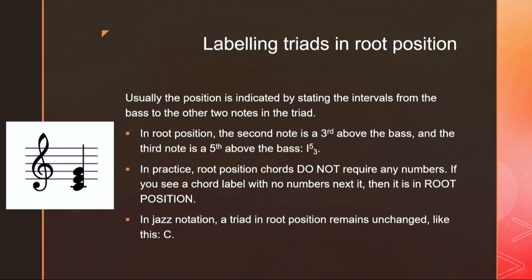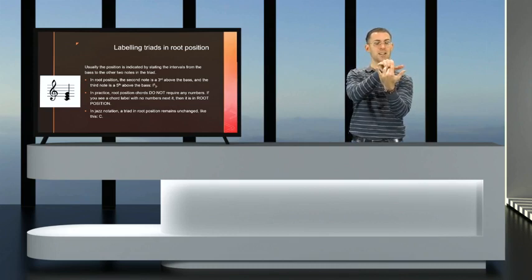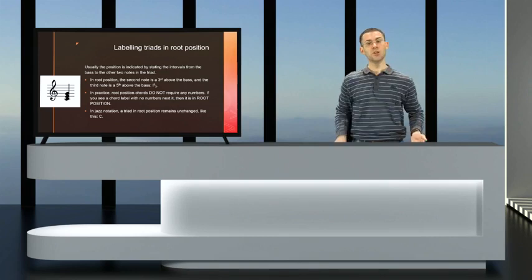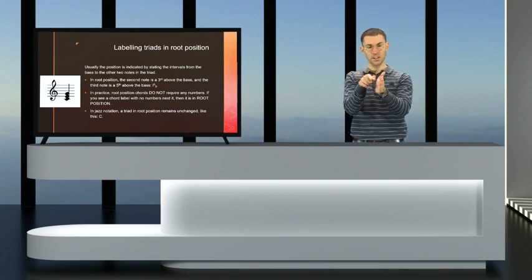C, E, G. And the top note is a fifth above it, C, D, E, F, G. So there are 2 intervals, a third and a fifth. So we could write it out as chord 1, 5, 3.